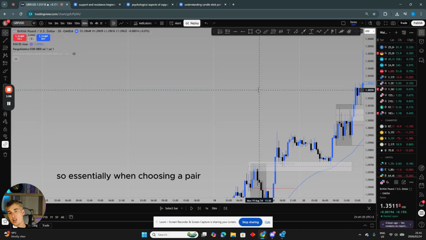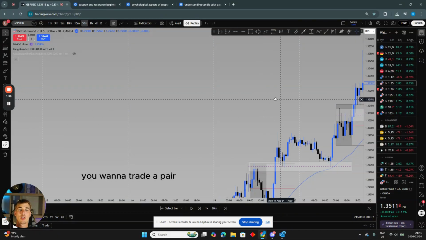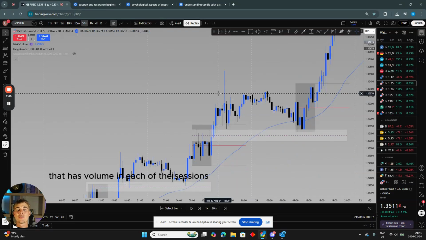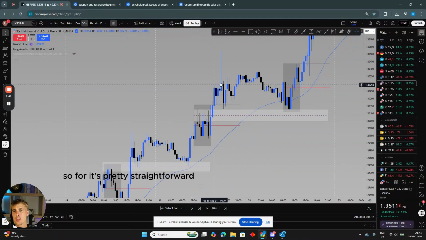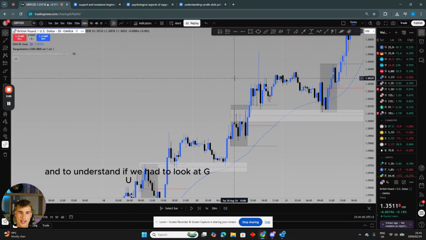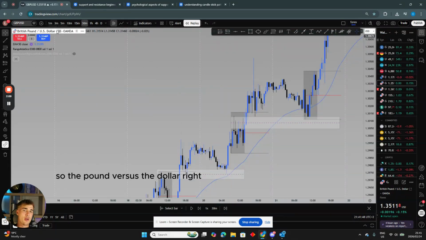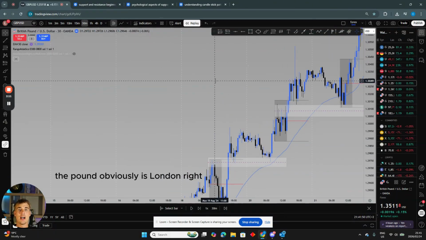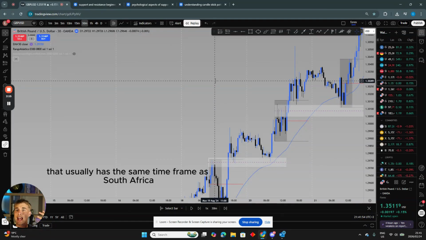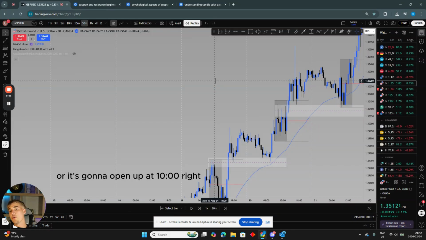So essentially, when choosing a pair, you want to trade a pair that has volume in each of the sessions. It's pretty straightforward. If we look at GU, the pound versus the dollar, the pound obviously is London, that's in Europe, which usually has the same time frame as South Africa. So it's either going to open at 9 or at 10 o'clock.